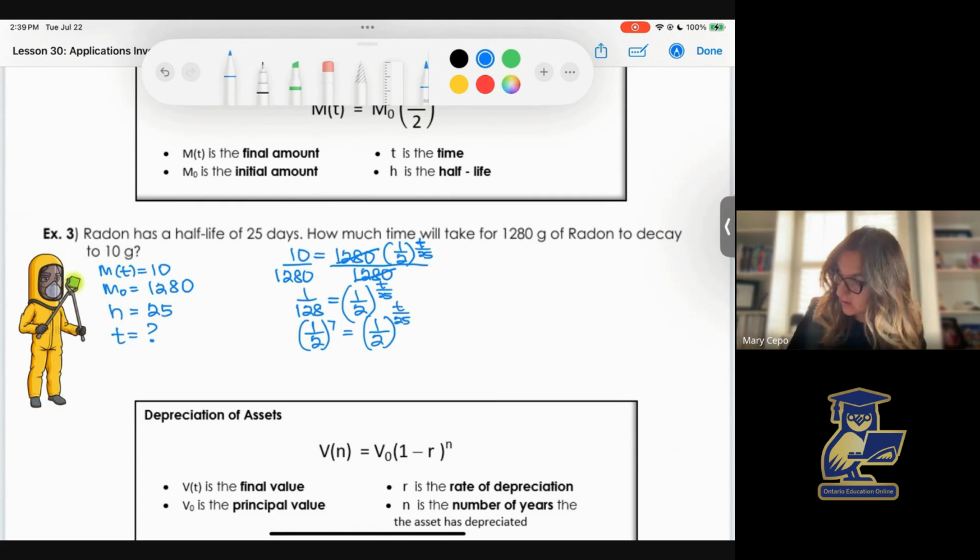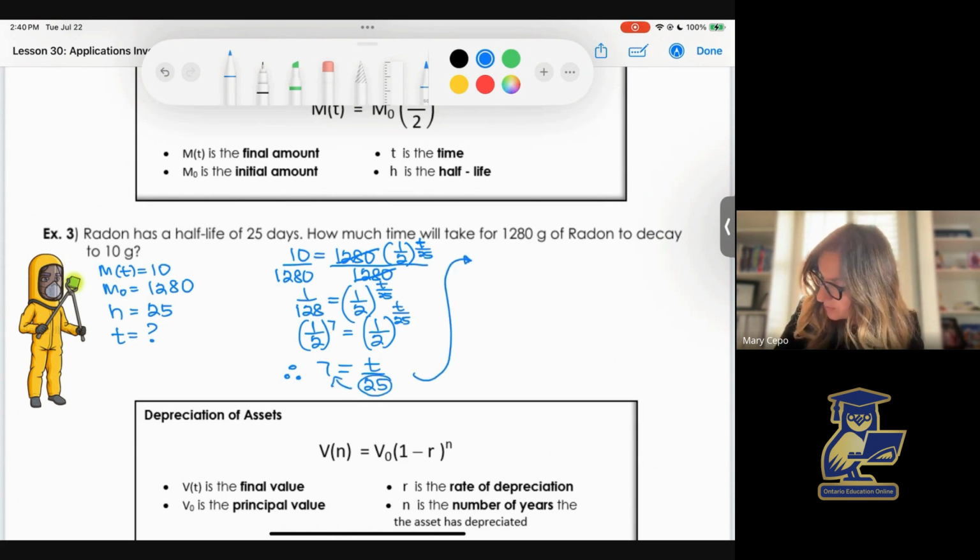So now that the bases are the same, using our knowledge of solving exponential equations, we can say that these exponents have to be equal as well. So 7 is equal to t over 25. And then we can bring the 25 over there. So t is equal to 7 times 25. t is equal to 175 days.